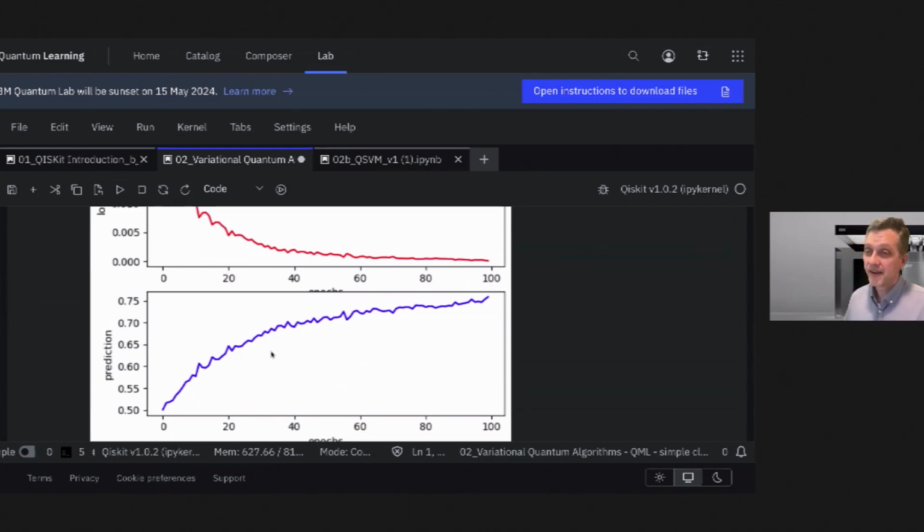So really, we can use quantum computers to learn things in this classical quantum way. You see, we have used a classical way of updating the parameters and the quantum system to run the calculations.